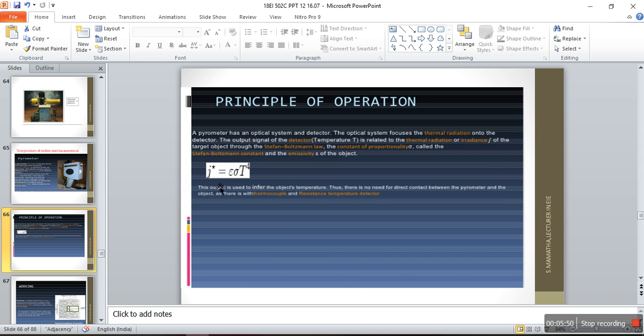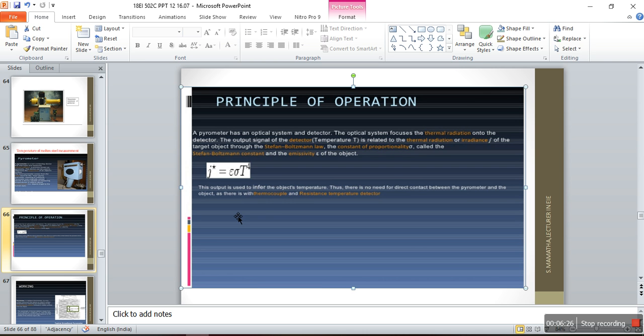So the formula is: thermal radiation energy equals the product of emissivity, the Stefan-Boltzmann constant, and temperature. This output is used to infer an object's temperature. Thus, there is no need for direct contact between the pyrometer and the object, as there is with a thermocouple and a resistance temperature detector.